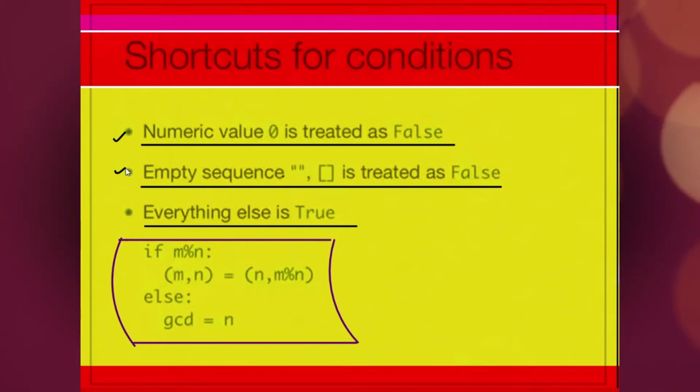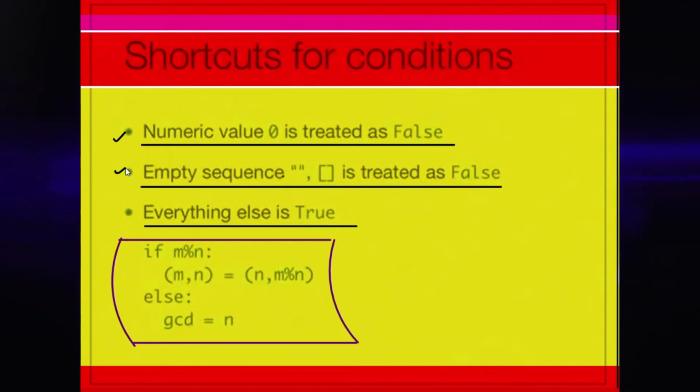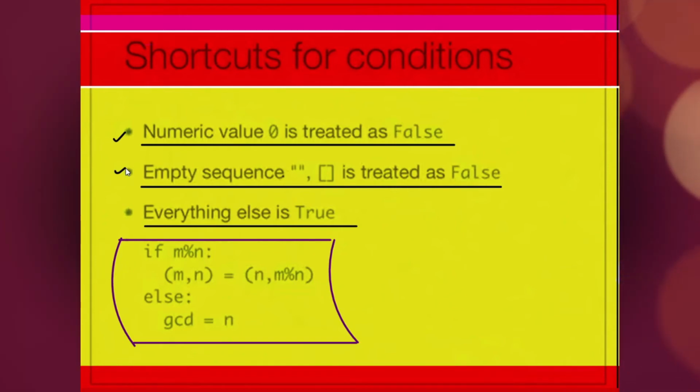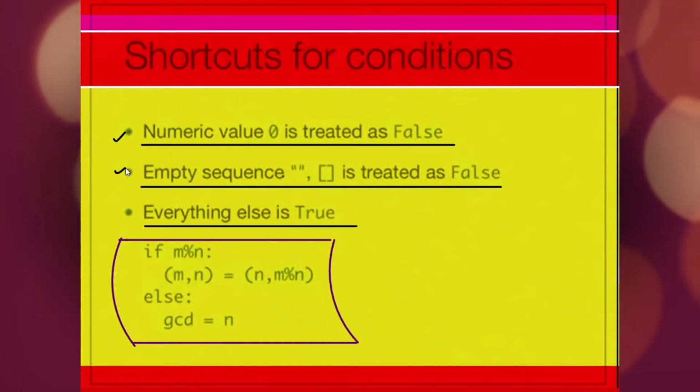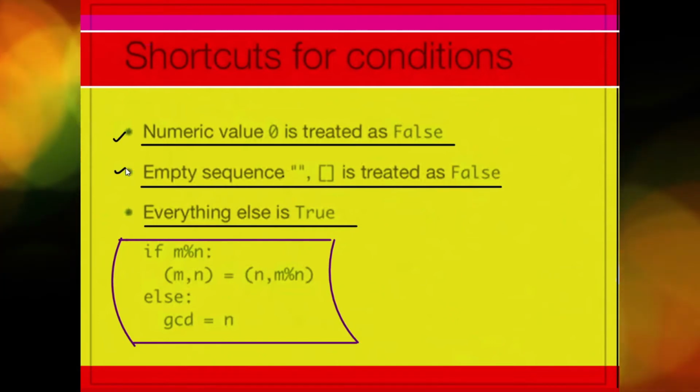So as I have not given any value, the condition is that m divided by n should never be equal to 0, that is, it should always give a false value. Then it's going to be m, n equals n, m percentage n. Otherwise it will switch to else. It's just the same as earlier. It's just a shortcut for writing the previous condition, that is, m percentage n is not equal to 0.